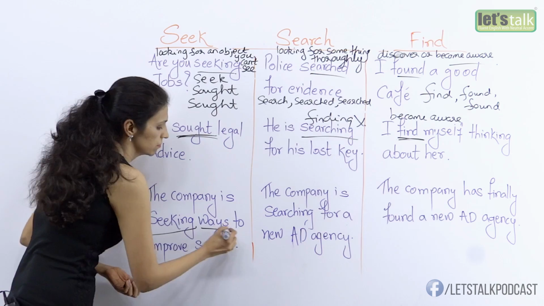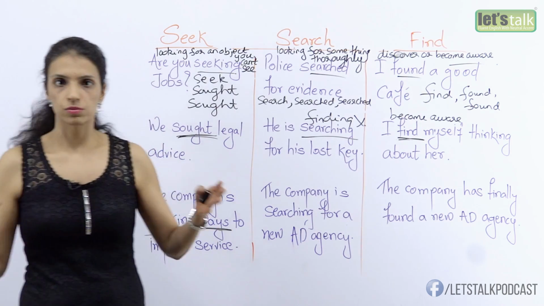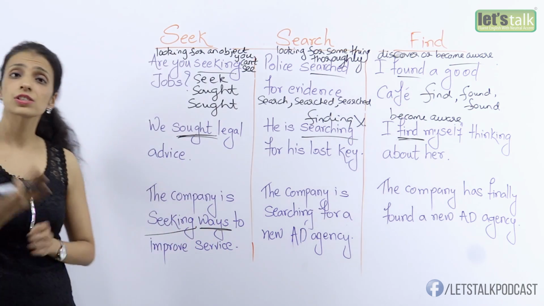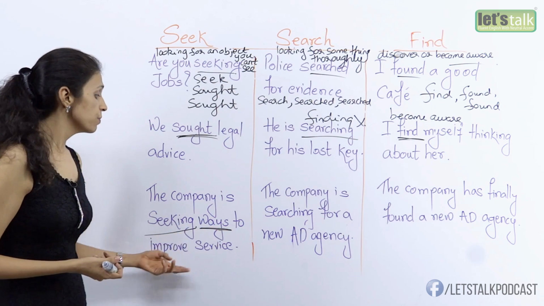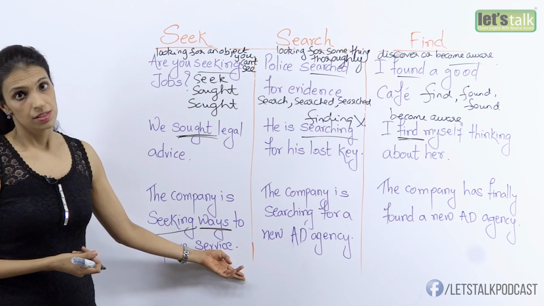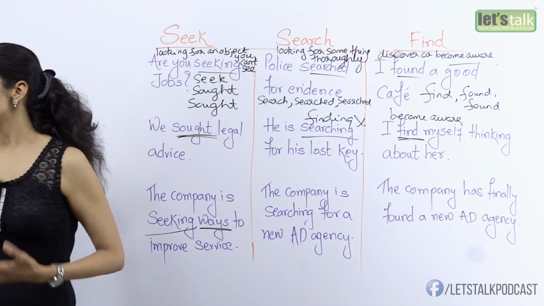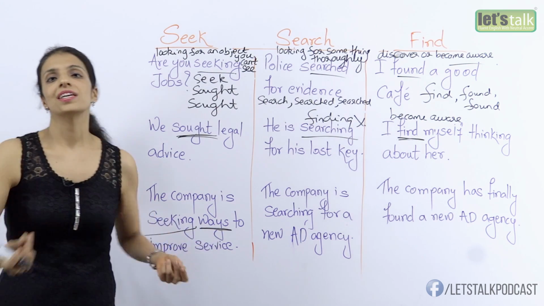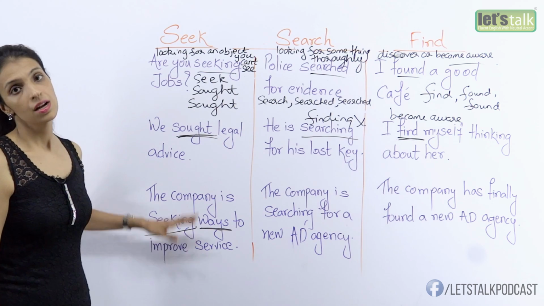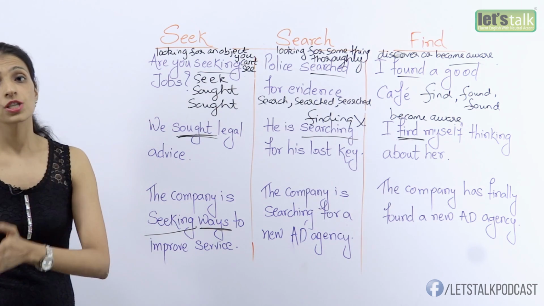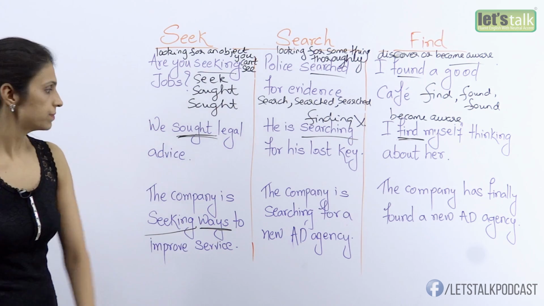Now, can you see ways? No. So maybe they're analyzing, they are brainstorming, and they're doing it because they are seeking ways to improve their service. So here you can't say they're searching for ways because you can't touch and see ways, can you? No. Use the verb seek because you are talking about an object you can't see or touch.